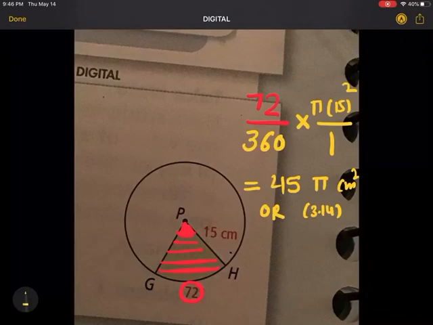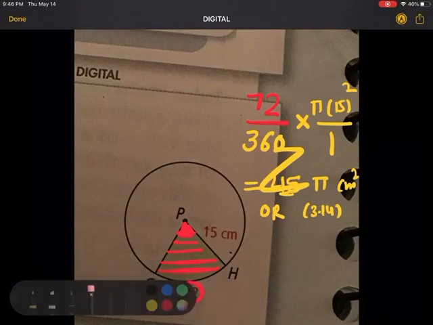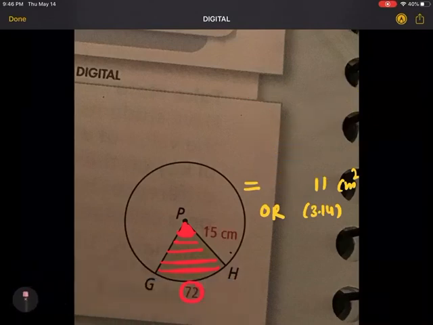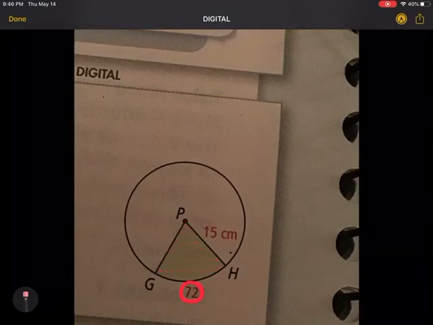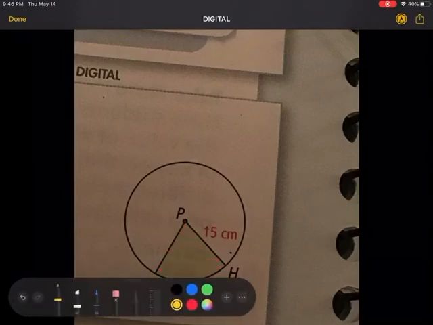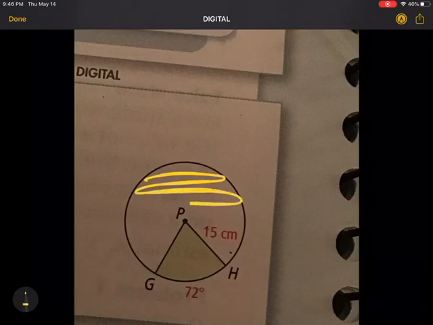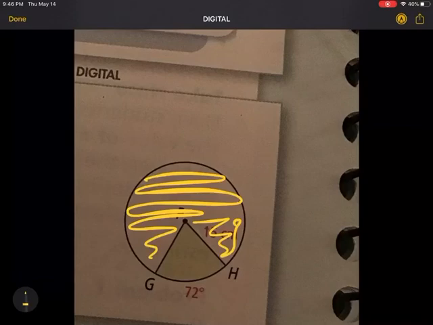Okay, so from this example, let me show you another one just in case. Pretend I ask you not for this slice, but for this slice, the outer one. Do we know the angle for that, first of all?